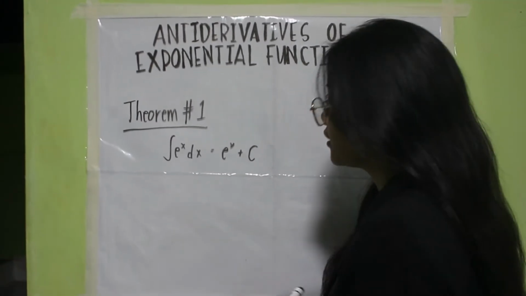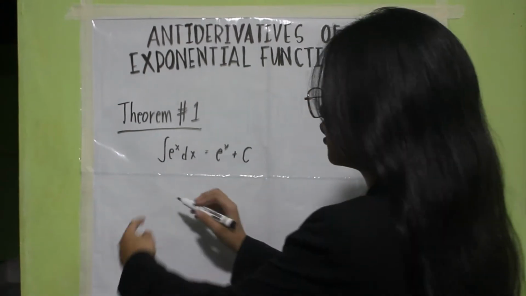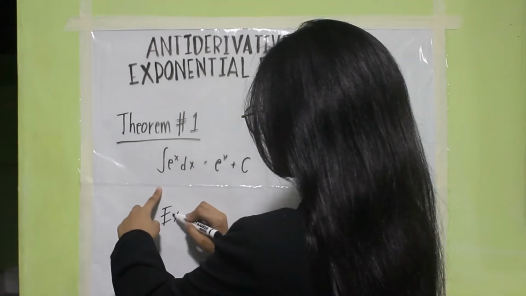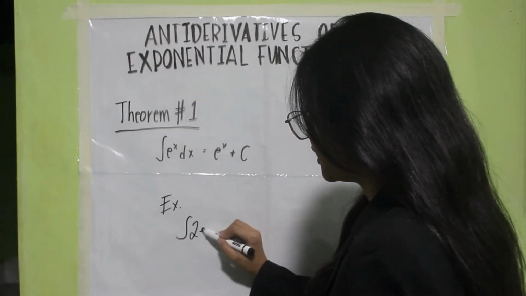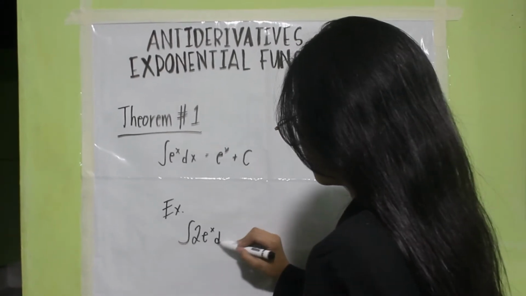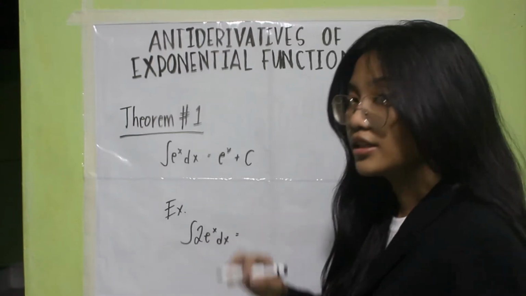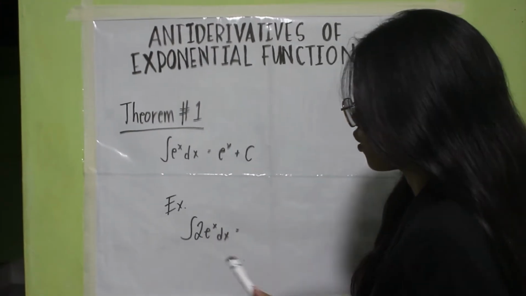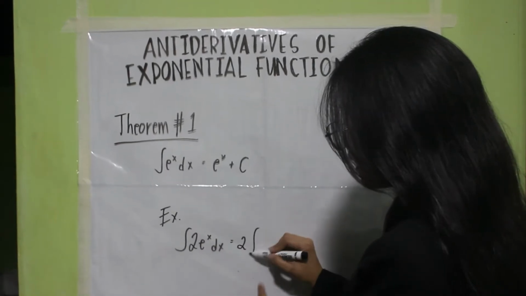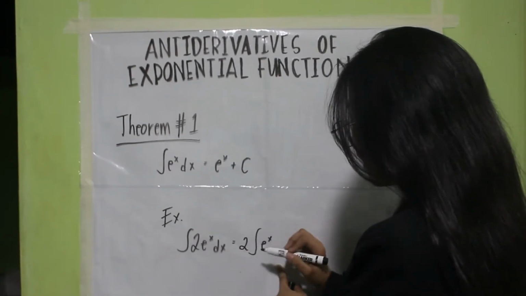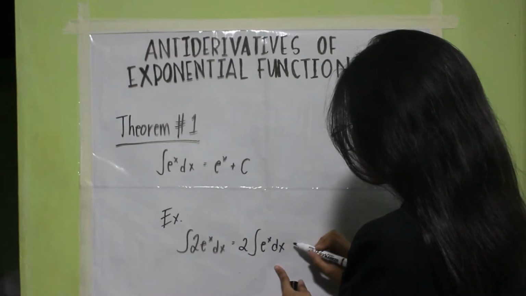So applying this theorem, we have this example. Our example is the integral of 2e raised to x dx. Our first step here is to take the constant out front. So, 2 times the integral of e raised to x dx.